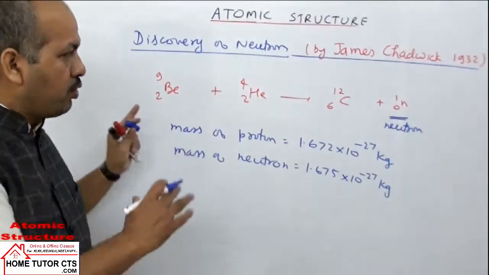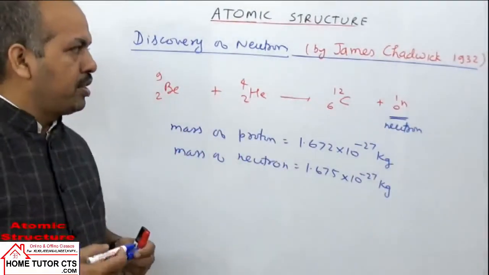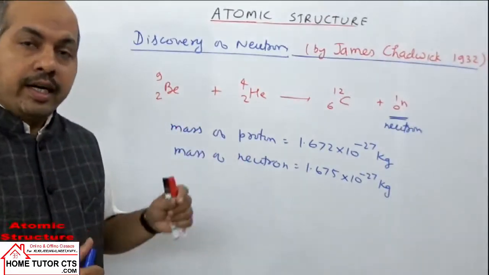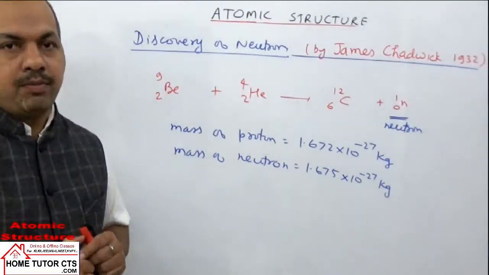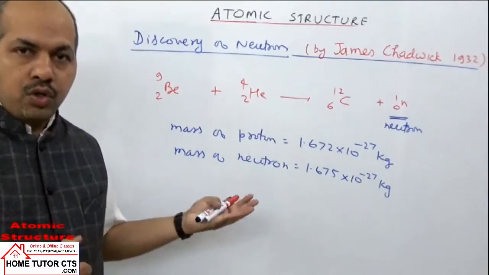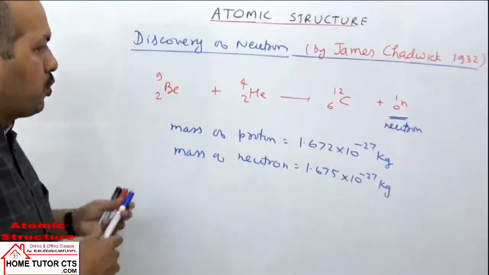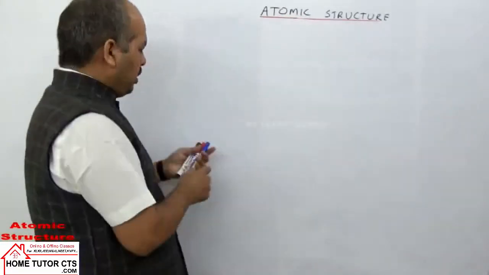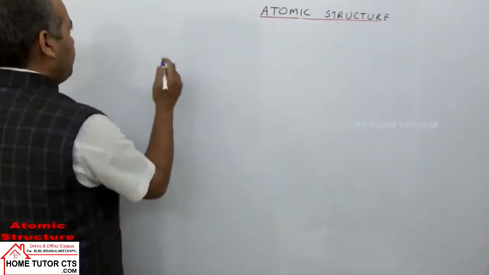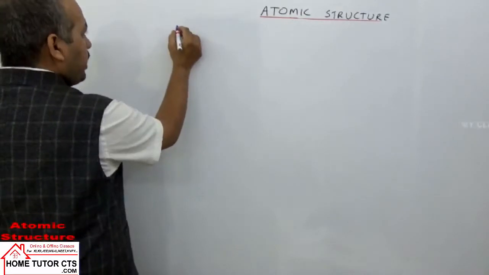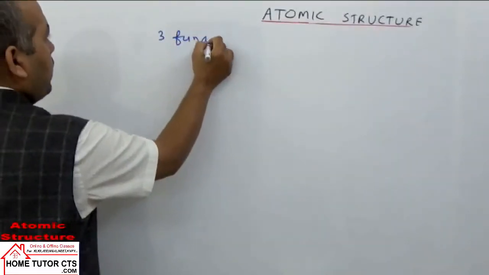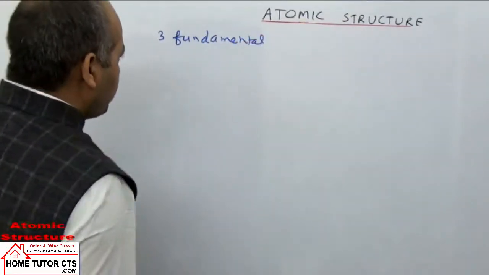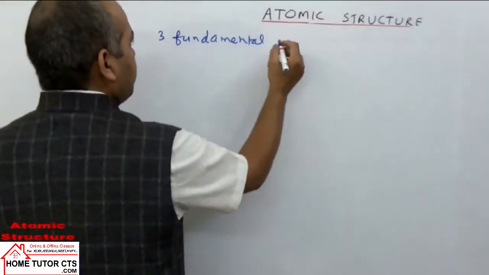So till now we have discussed some points that give the basic idea of the atom's three fundamental particles, which are electron, proton and neutron. Now let us summarize these three particles in tabulated form. Try to keep the values of charge and mass in mind.